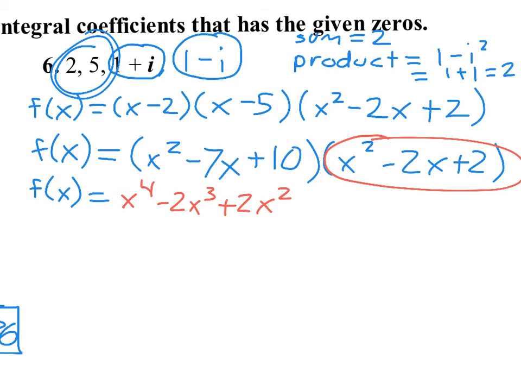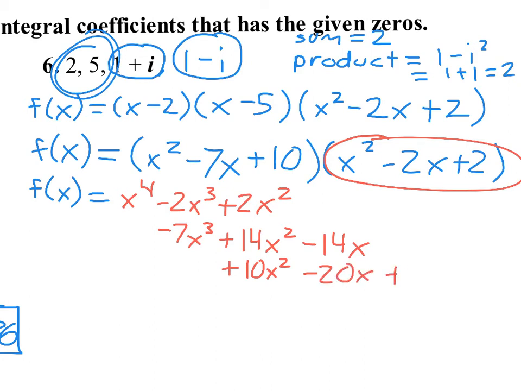That'll be negative 7x to the third plus 14x squared minus 14x. Now I have to multiply 10 by the circled part. That'll be plus 10x squared minus 20x plus 20.